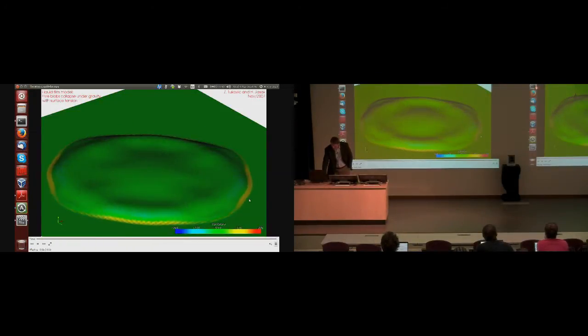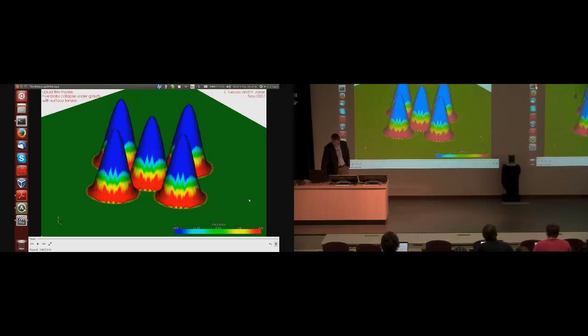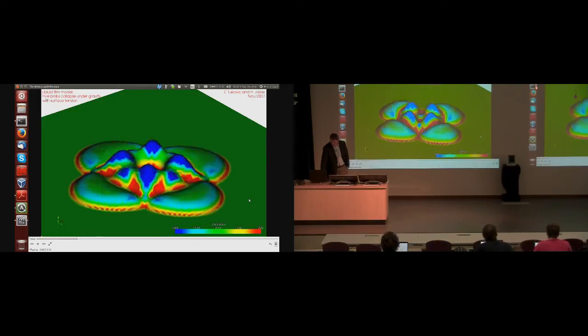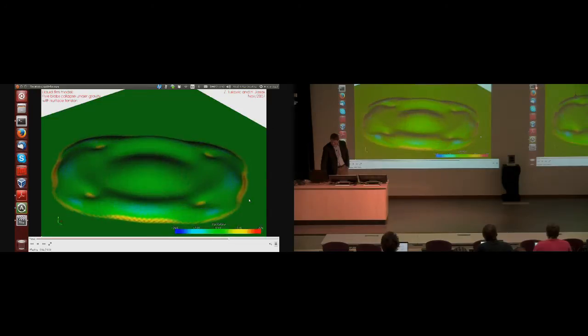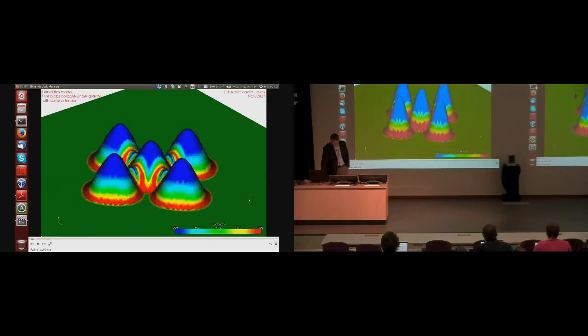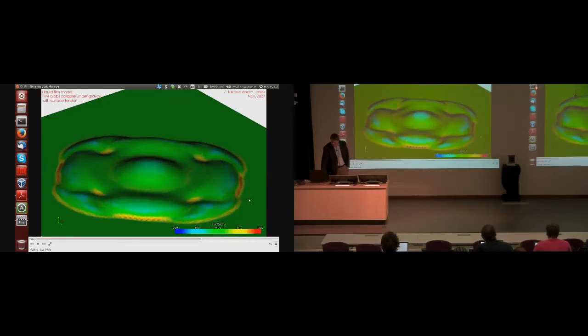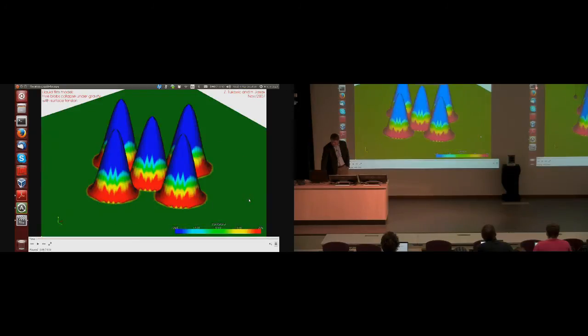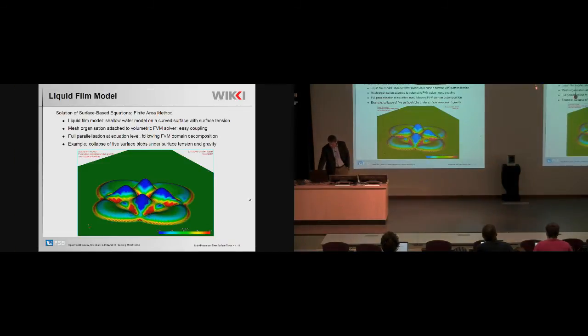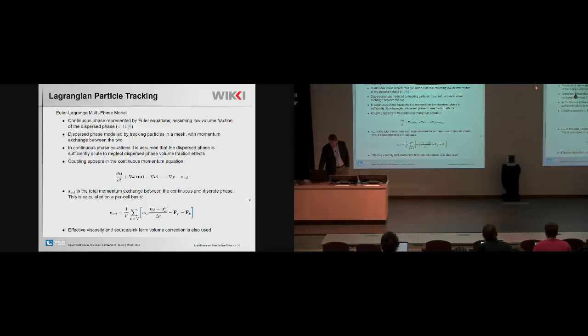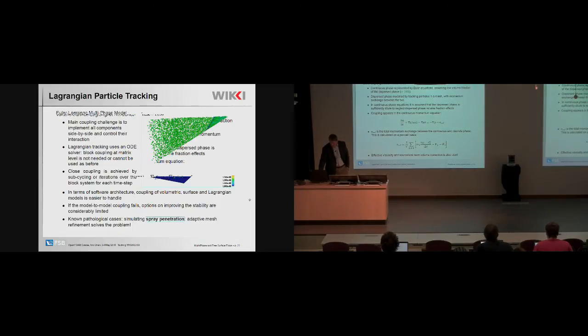We'll show you the collapse of the blob under surface tension one more time. And if you let it run long enough, it will eventually reach the correct shape.